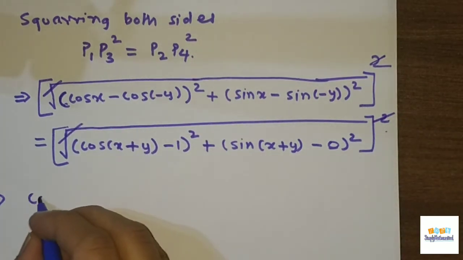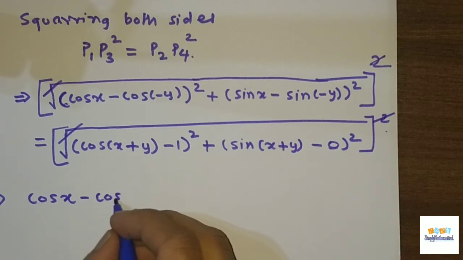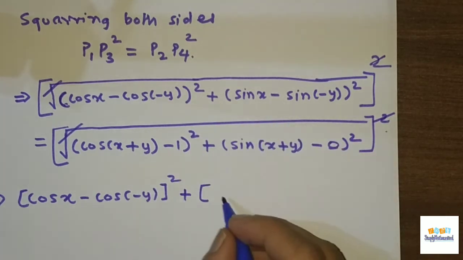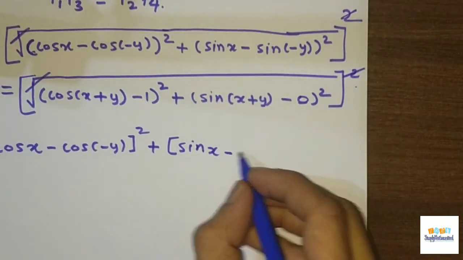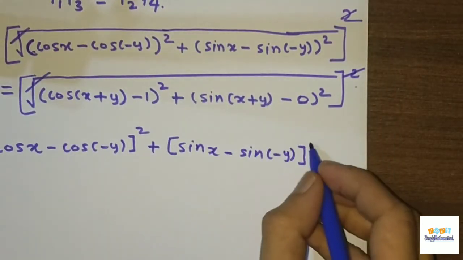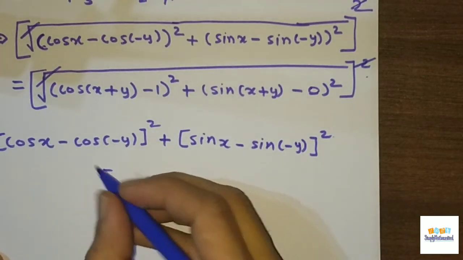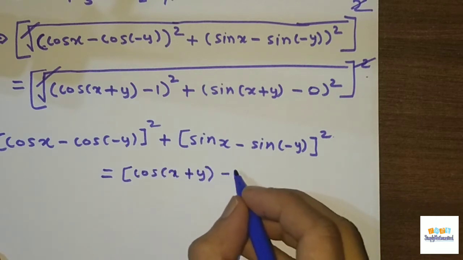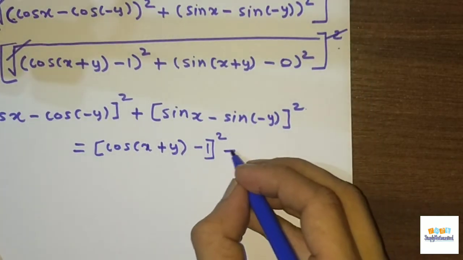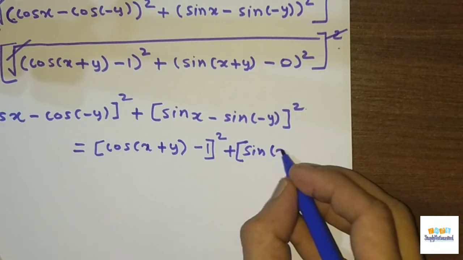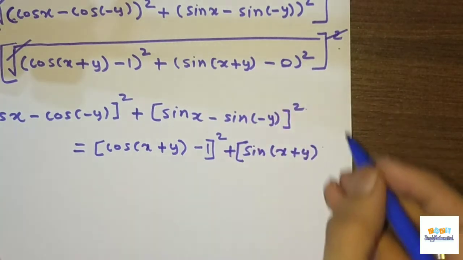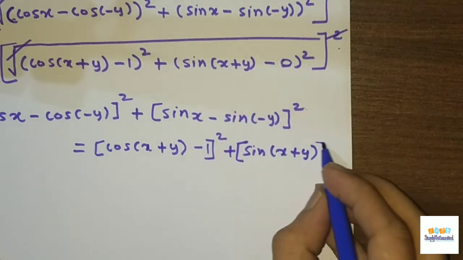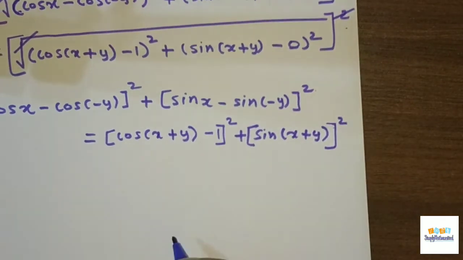So what will remain is cos x minus cos of minus y the whole square, plus sin x minus sin of minus y the whole square, which is equal to cos of x plus y minus 1 the whole square, plus sin of x plus y minus 0, we can neglect that, so sin of x plus y the whole square. This you will get, right?